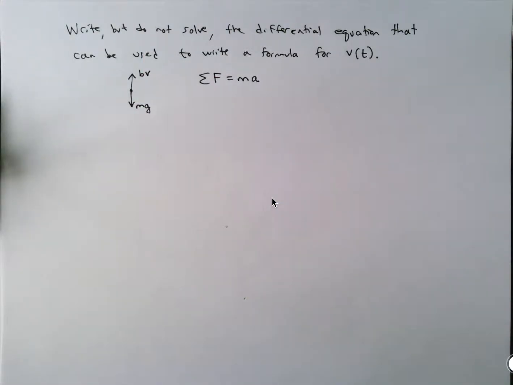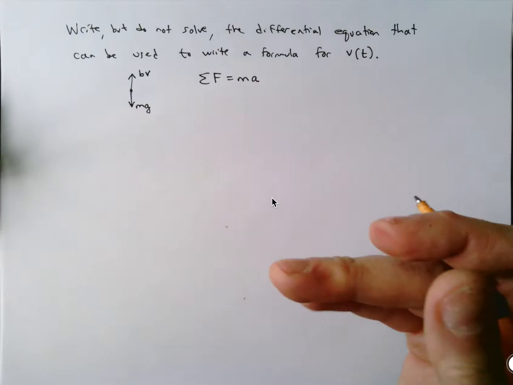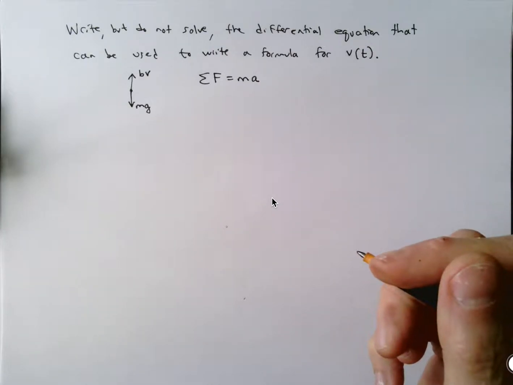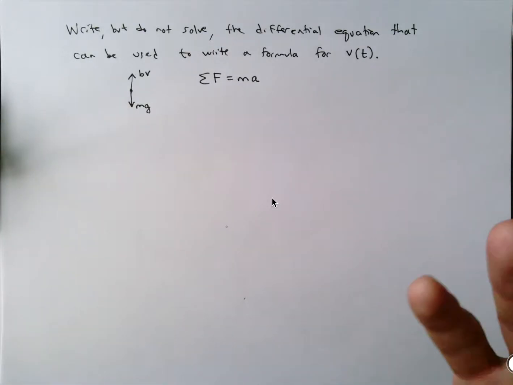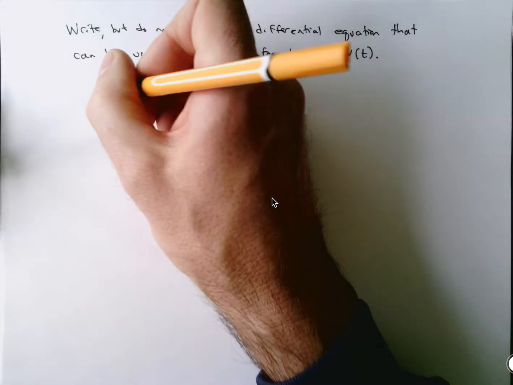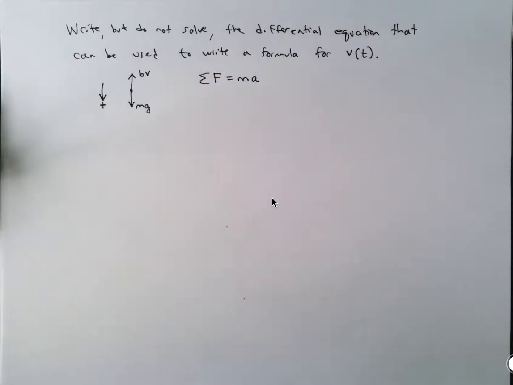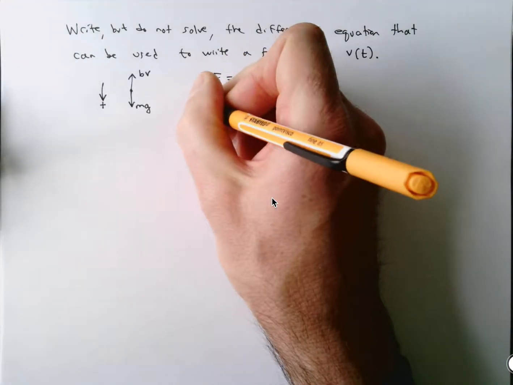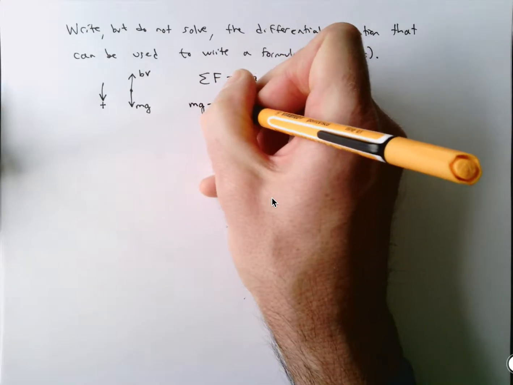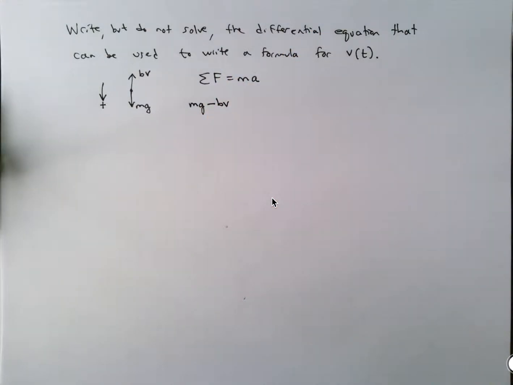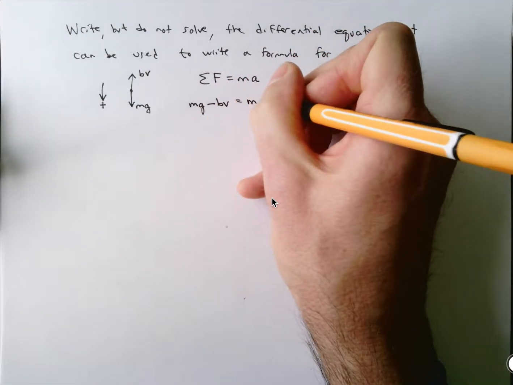Now I will say that when you solve these problems, it works out the way they want it to if you take the falling direction, the downward direction, to be the positive direction. You can really say either direction is positive, but it does work best if you say the downward direction is positive. In that case, your net force is going to be mg positive minus bv. bv is in the opposite direction. That equals ma.